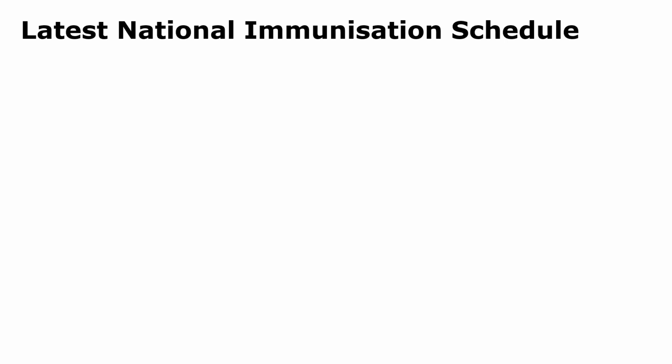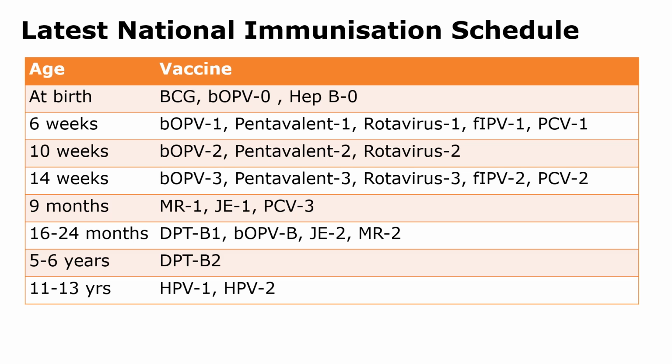Now, the latest national immunization schedule is very important for you to know. So we have, at birth, BCG, the bivalent OPV vaccine, the 0 dose, the hepatitis B vaccine, 0 dose. Okay. At 6 weeks, you have again the bivalent OPV 1, Penta 1, rotavirus 1, fractional IPV 1, and pneumococcal conjugate vaccine, the first dose, right?